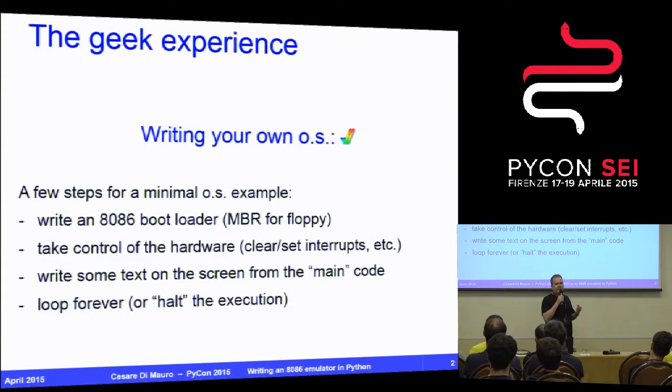I think starting is very simple because, for example, we can just write a floppy image, which takes control of the machine at the startup, at the boot, and can control the interrupt and write something to the screen, for example, and then hang because there's nothing to do.